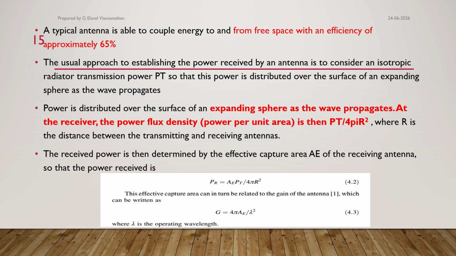At the receiver, the power flux density is then PT divided by 4 pi R squared. R is nothing but the distance between the transmitter and the receiver.